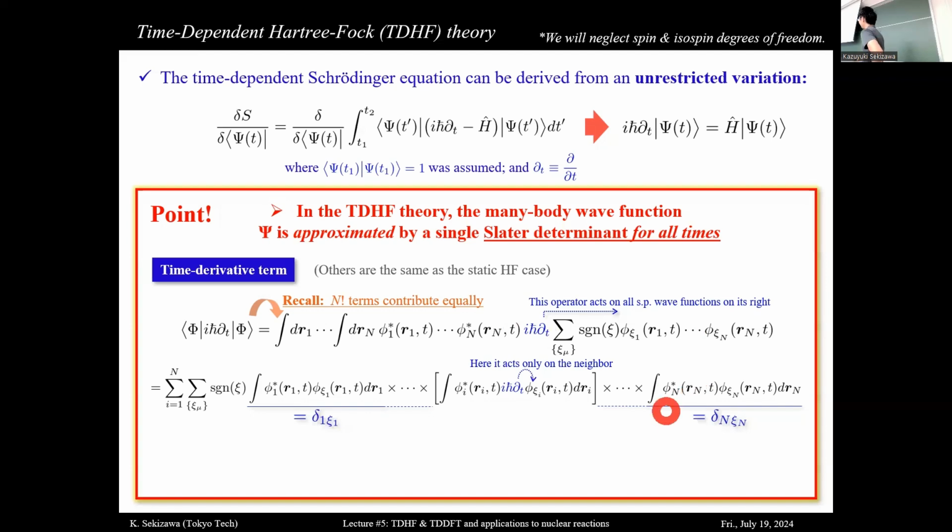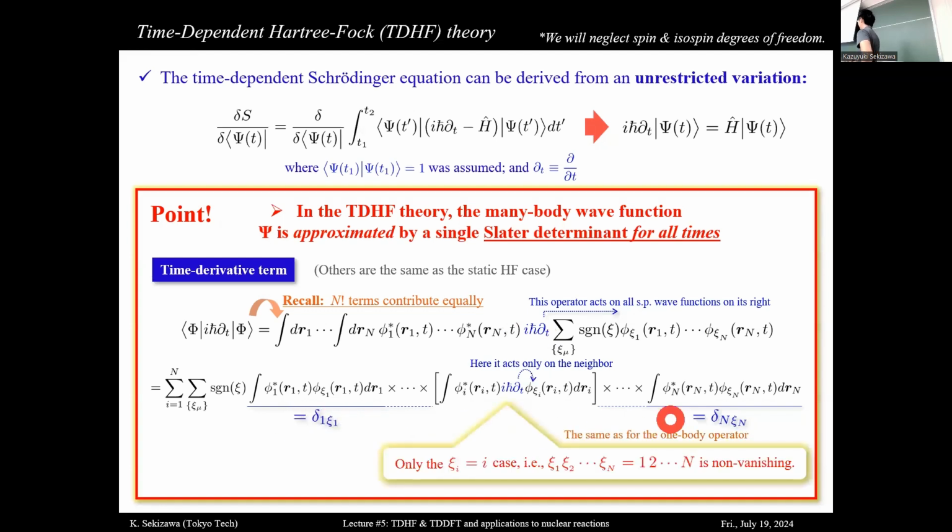Then we can use the orthonormal relations that generate Kronecker deltas, and what remains is just one single term. So this is just the same as the one-body operator.